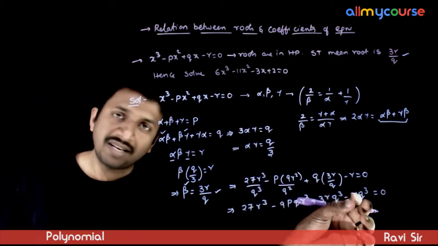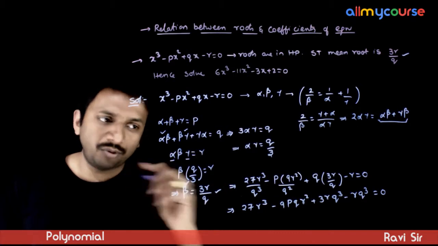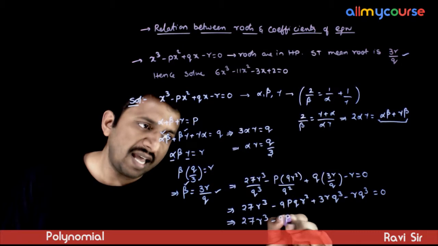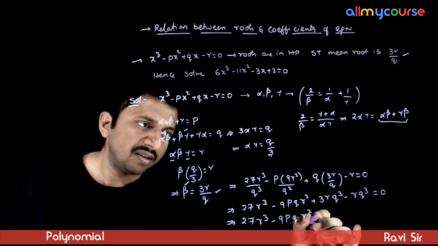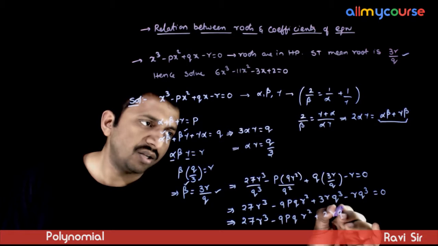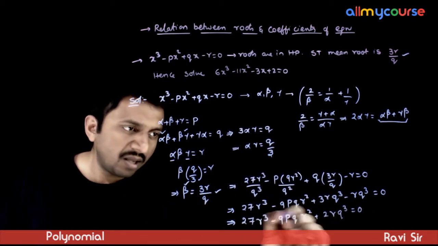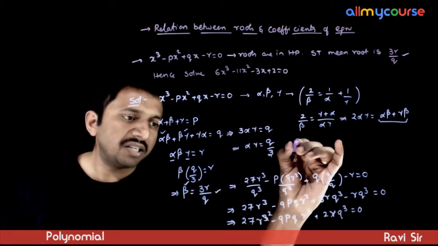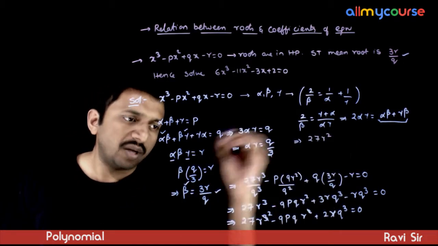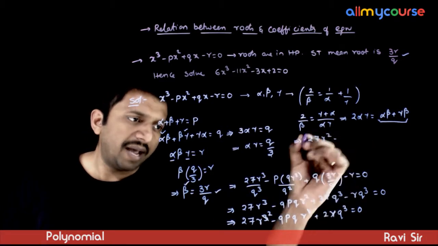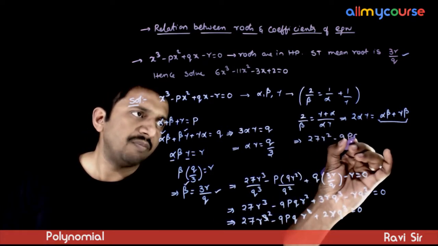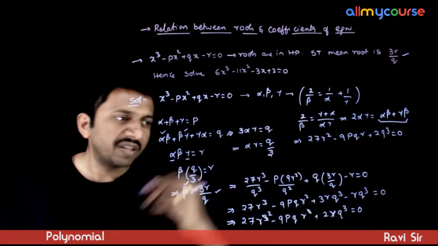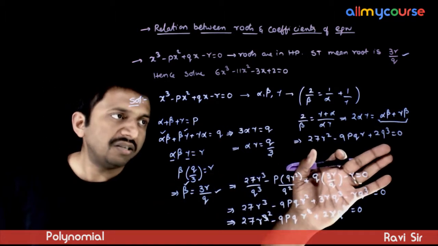So 3rq cube minus rq cube is 2rq cube. This implies 27r cube minus 9pqr square plus 2rq cube is equal to 0. One r will get cancelled. So the effective condition is 27r square minus 9pqr plus 2q cube is equal to 0.